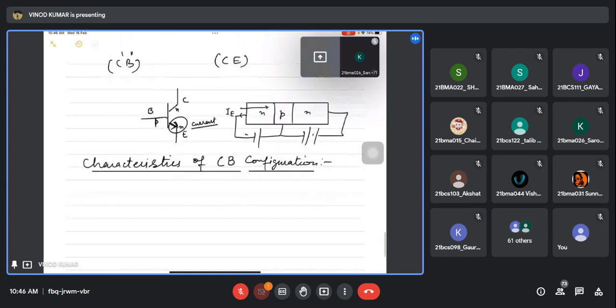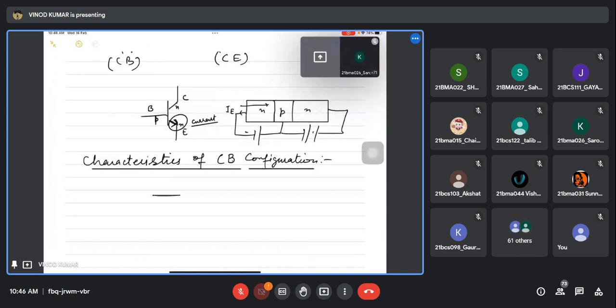Okay, so we are just drawing the symbol here. We are applying a certain voltage here, and in order to vary that voltage, we are using a rheostat here.